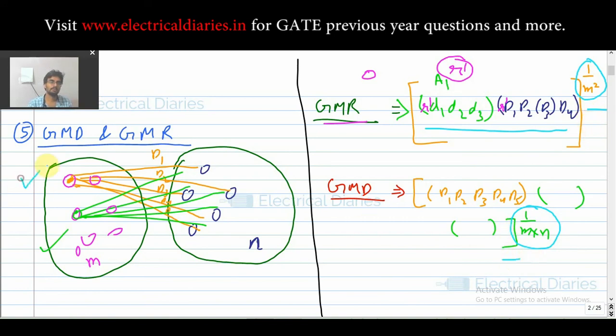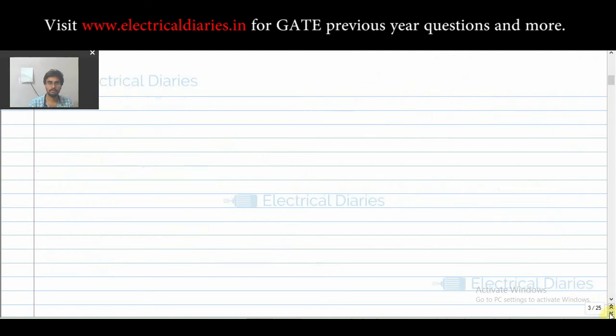If you remember this figure and this discussion and have some feel in your mind, then you will be able to solve the questions on GMD and GMR. Why is it important? It is important because our discussion was going on inductance calculation. So now the sixth point is inductance calculation in the three-phase system with bundled conductors.